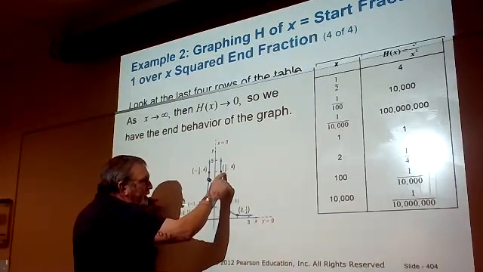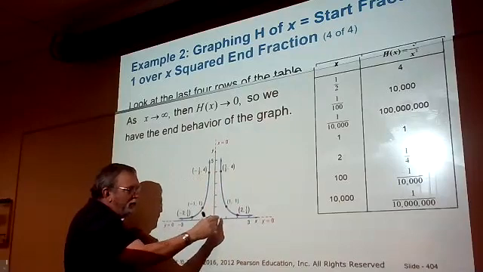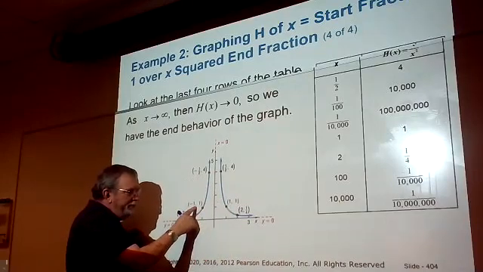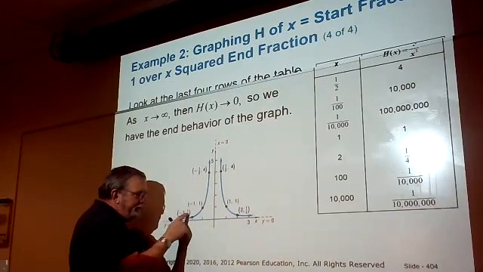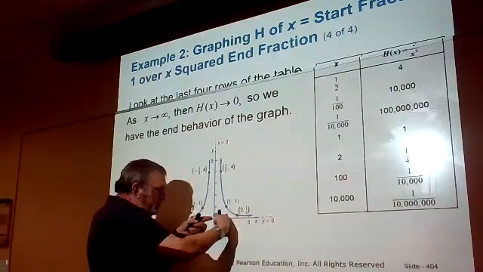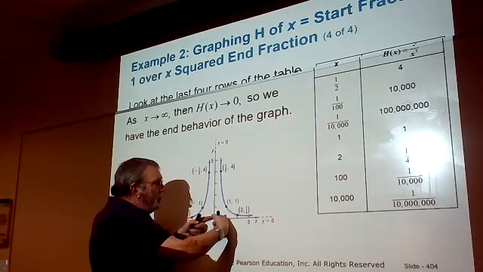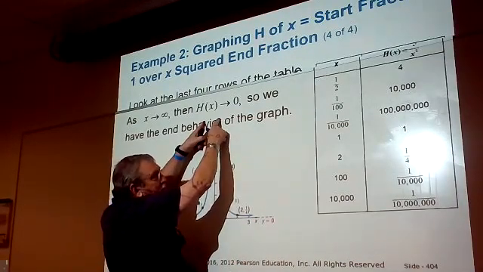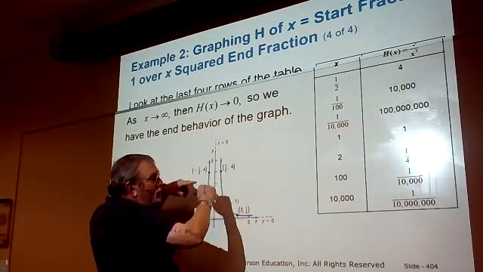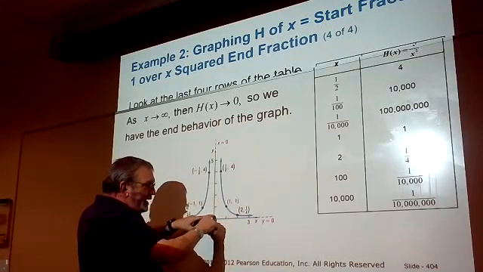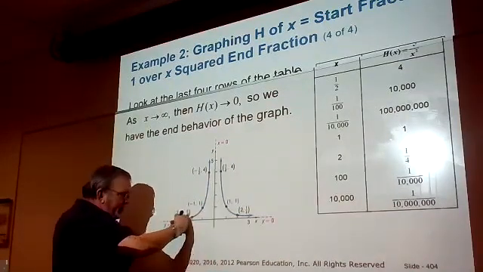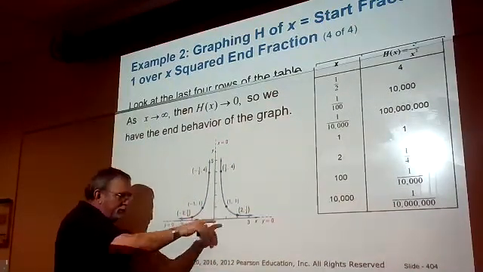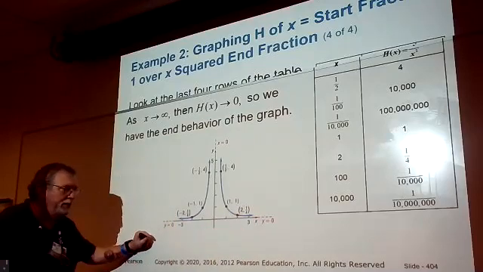And so 1/2, 4; -1/2, 4; 1, 1; -1, 1; 2, 1/4; -2, 1/4. And so as x approaches 0, the y values explode upwards. And as x goes toward positive and negative infinity, the graph moves down closer and closer to y equals 0.